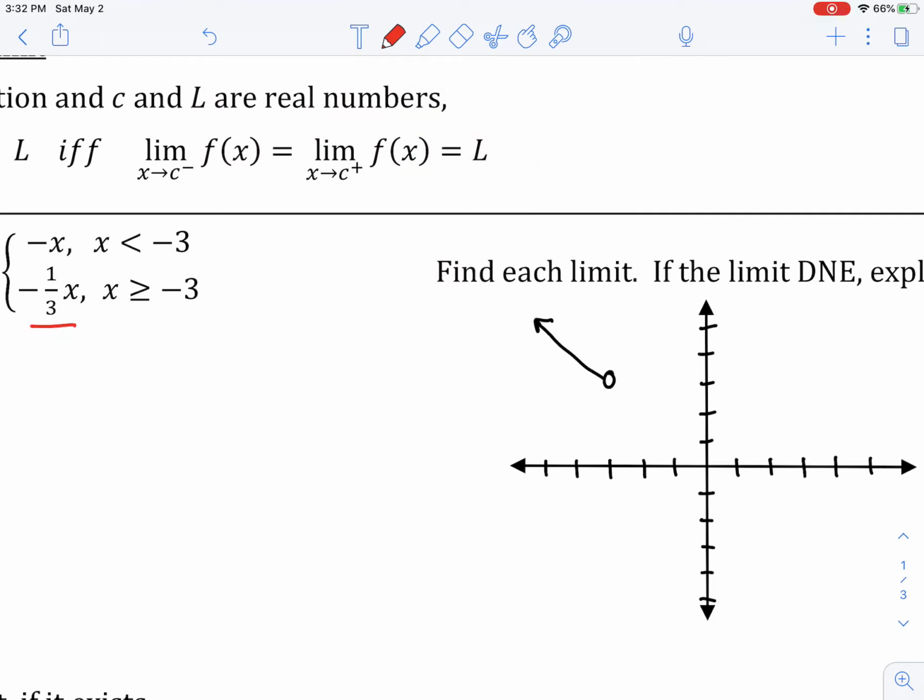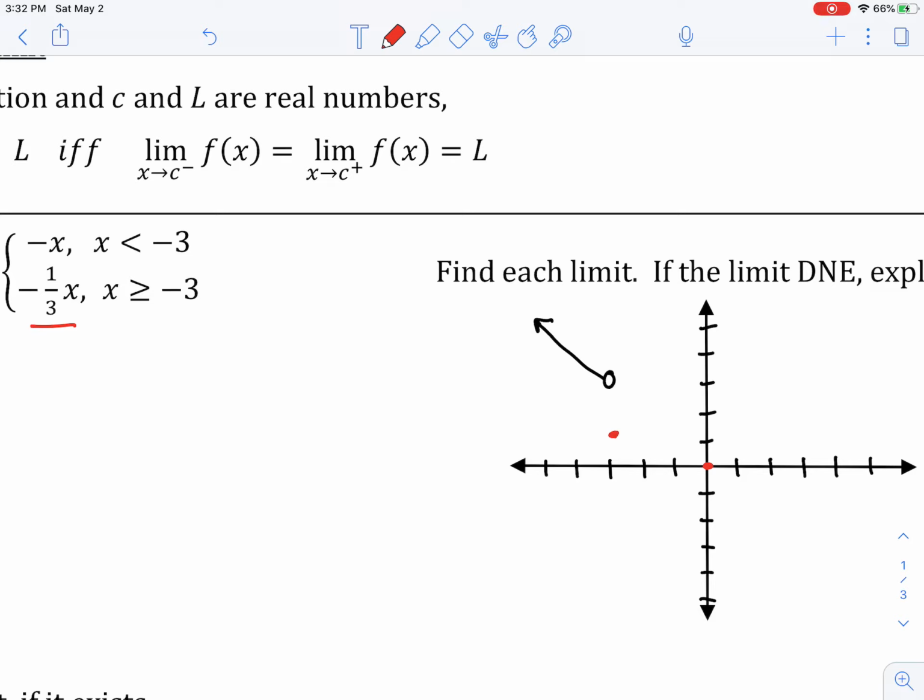So let me do that in a different color, just so we see what's going on there. For -1/3 x, I have, again, a y-intercept of 0, but from there I've got a slope of -1/3. So that's up 1, back 3, which is a point there.